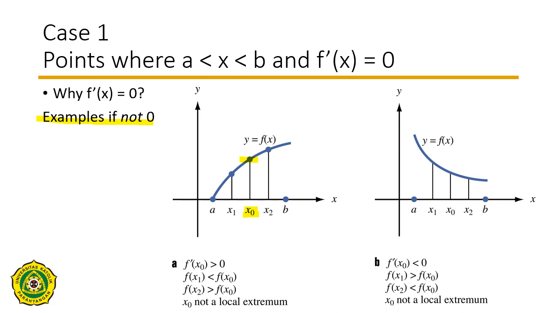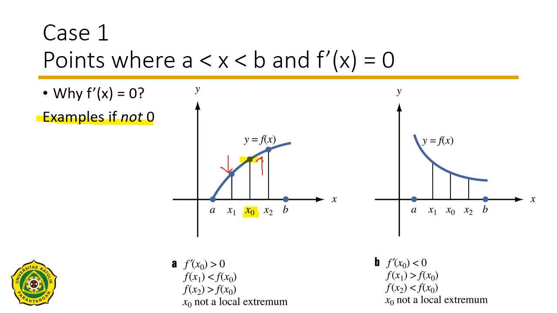Because the slope is increasing, it means that just before this point there is something lower, and just after that point there is something greater, right?